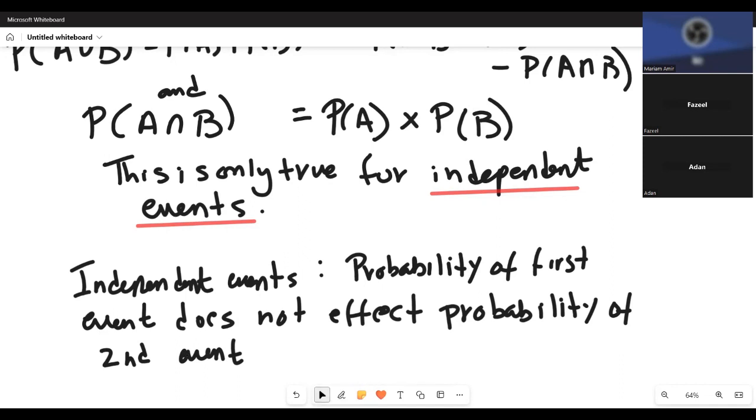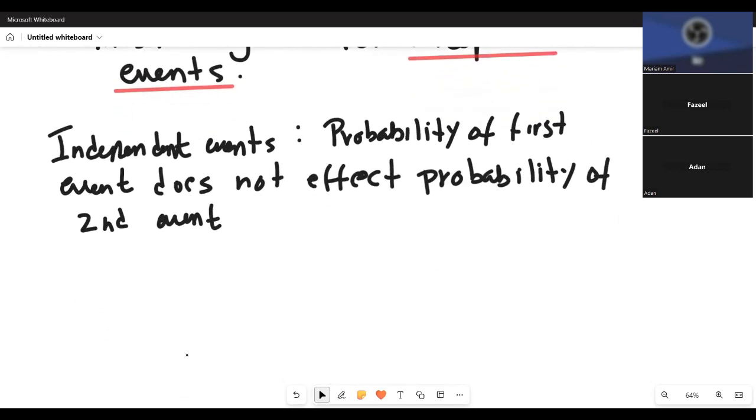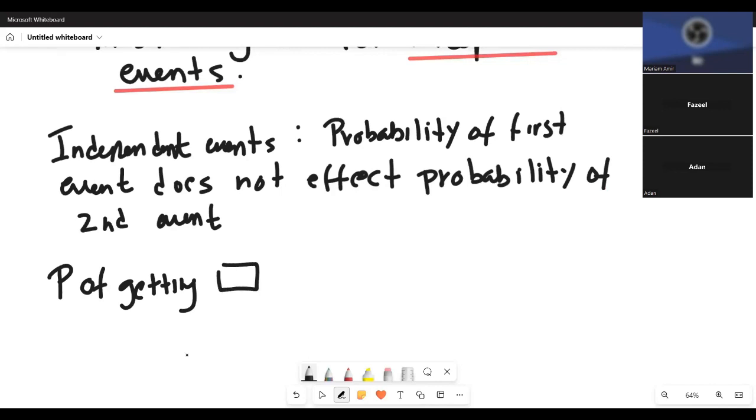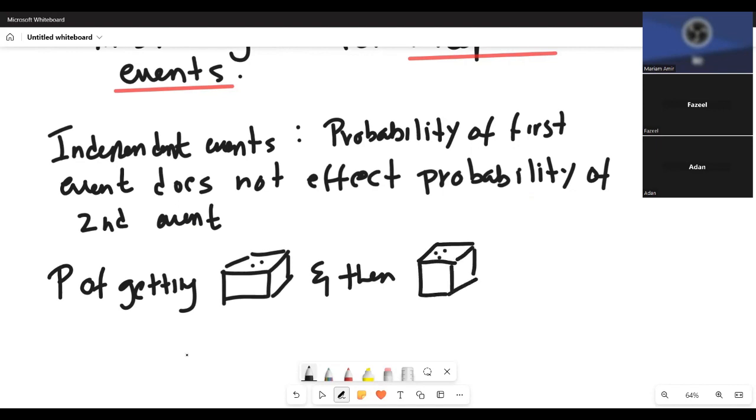Okay. So, an example of independent events: probability of getting 2 and 3 on a die. Probability of getting 2 at the top of the die and then getting 3 at the top of the die. So what's the probability of getting 2 at the top of the die?